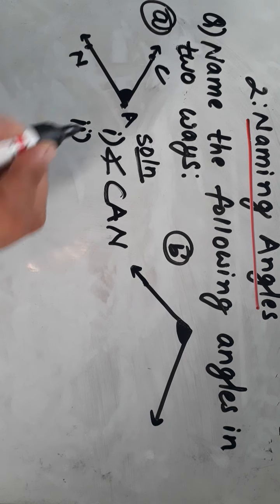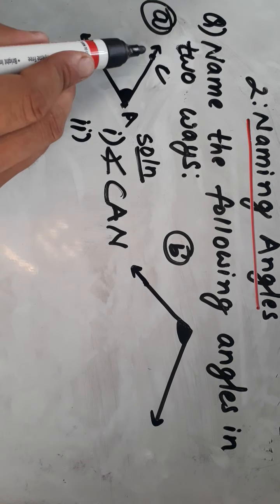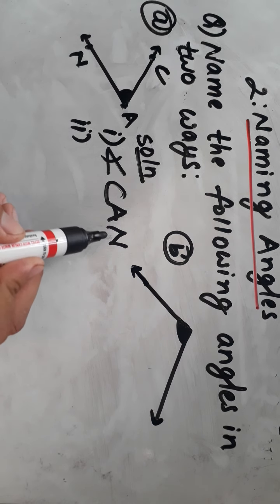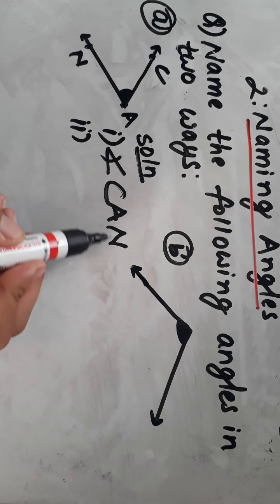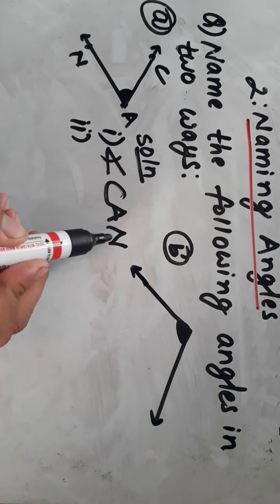Now let's see another way. Another way to name this angle is, just reverse this. So another way will be angle NAC.